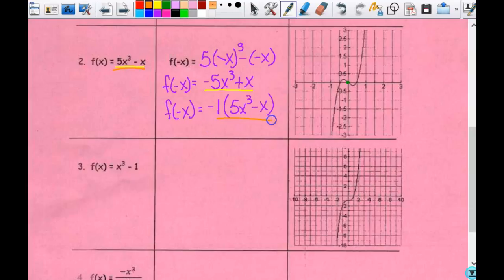Is this negative f of x? Is what I have in my parentheses f of x? So this whole thing then here is just the negative of whatever f of x is. Does that make sense? So since that is true, then I can say that f of negative x equals negative f of x. And since f of negative x equals negative f of x, what type of function is it? Odd.